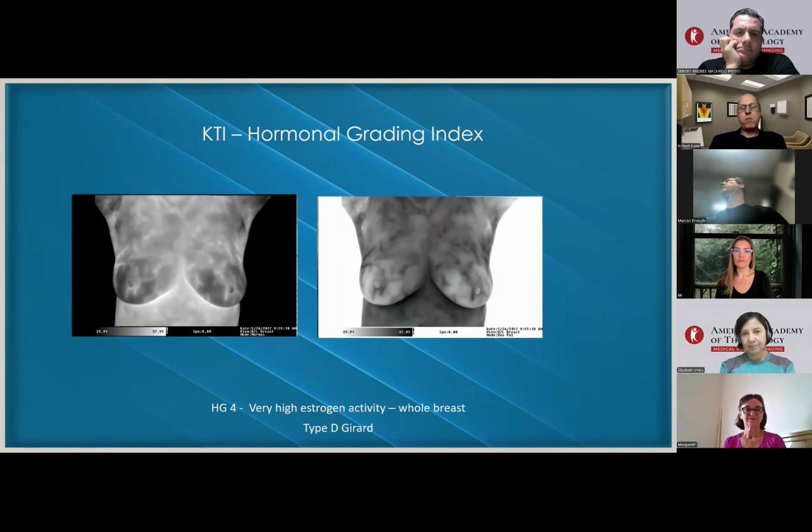But if I have a woman who's postmenopausal on no medications, there's no history of anything that would lead me to believe that any of the other possible causes are going on, well, now I can sit here and say that this may be suggestive of some sort of estrogen activity in the breast tissue itself.